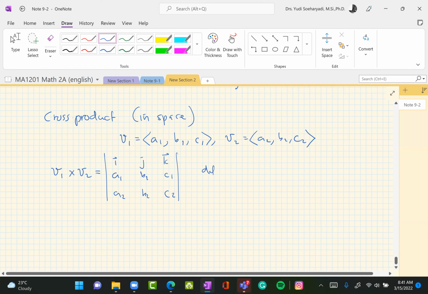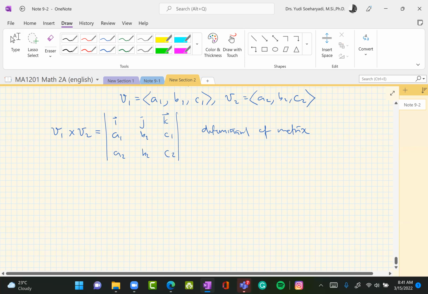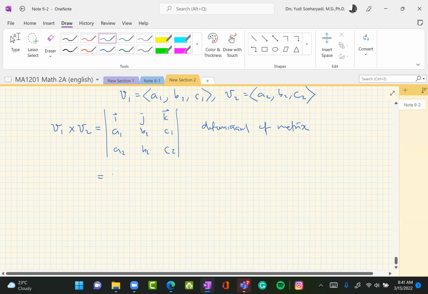We haven't got to this point yet: the determinant of a matrix. So how do we compute this one? There is a rule here. For 3 by 3, you can proceed this way.